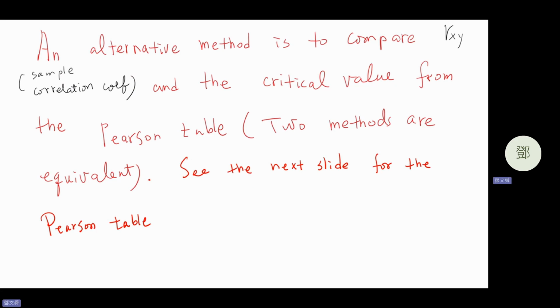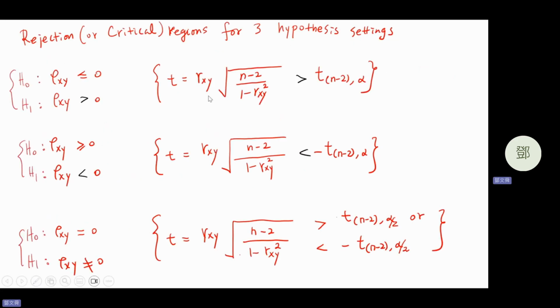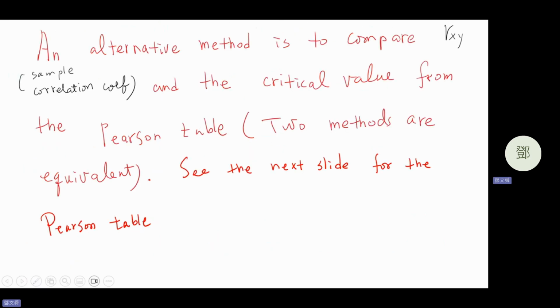What we compare here is the t statistic and the critical value from the t table. But in the Pearson, we just compare RXY and the Pearson critical value.